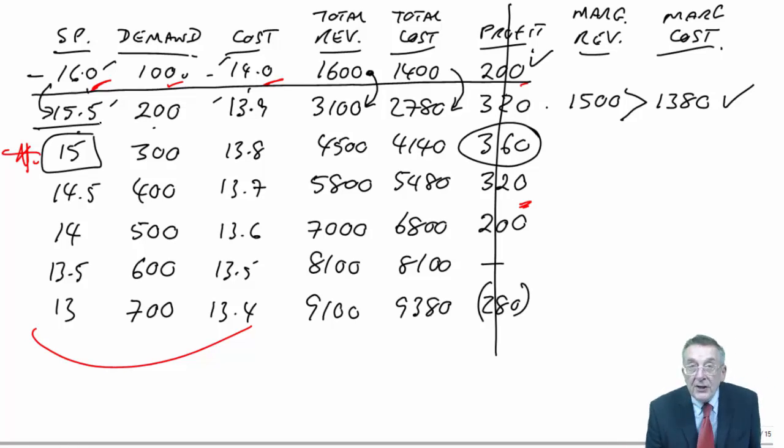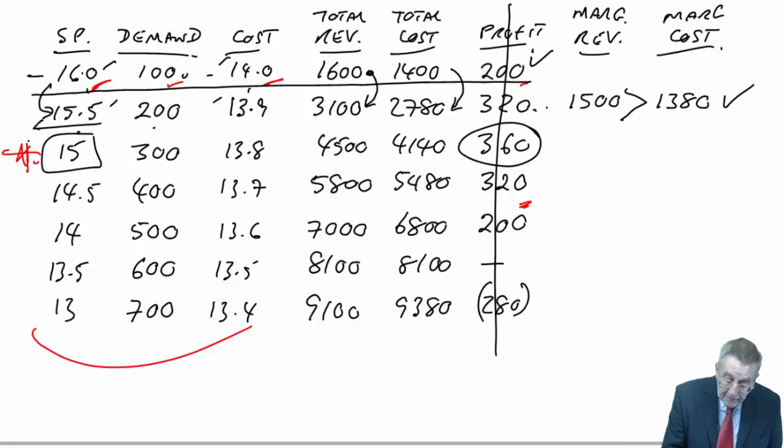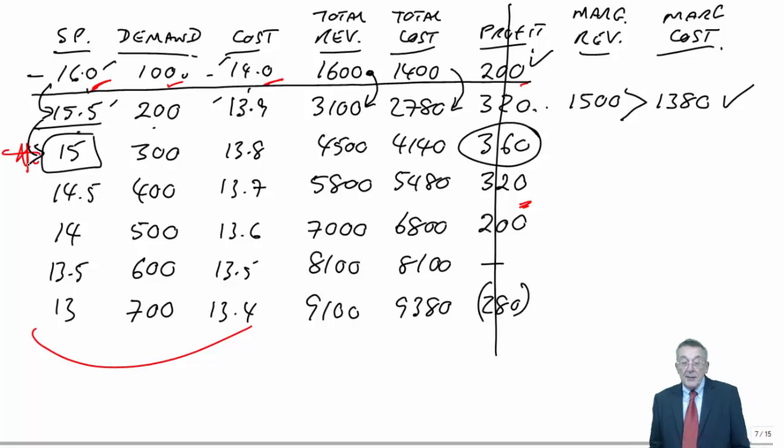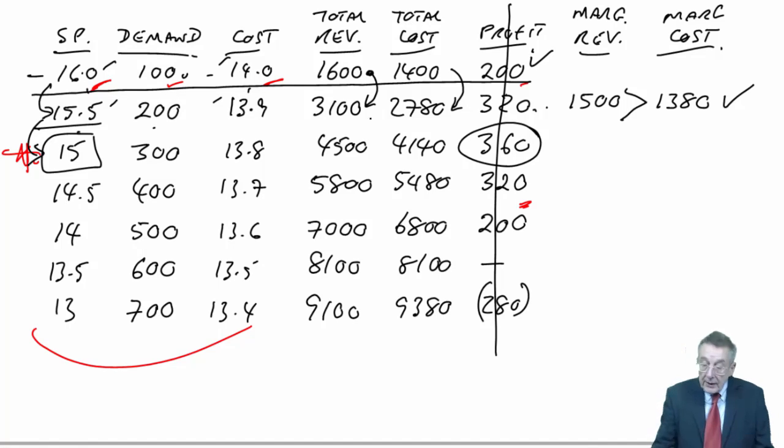And obviously, I said, imagine the profit column's not there, but we have made that extra profit. It was 3.20. So we then say, is it worth dropping the price more? If we drop the price from 15.5 to 15, we'll get more revenue. It was 3.1, it's now 4.5. So the revenue goes up by 1,400.